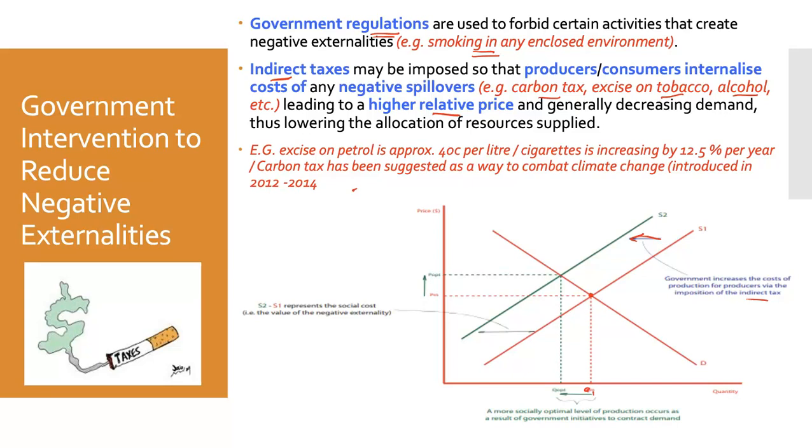A shift in the supply will lead to Q2, leading to a new equilibrium state here, and a reduction in the quantity traded and an increase in price. The government has intervened via taxes to reduce the quantity traded and increase the price. In a sense, reducing something that we were originally overproducing.